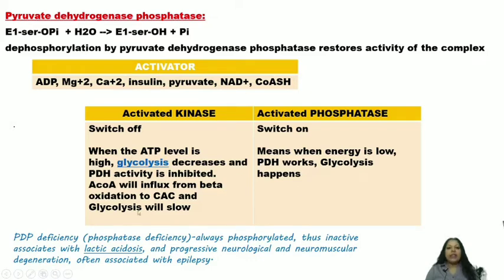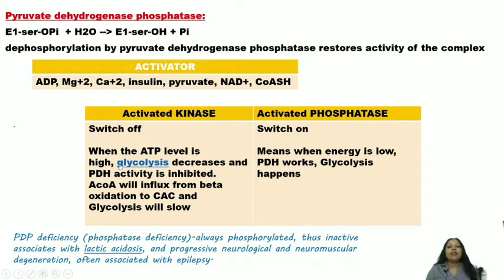So what does activated kinase say? The activated kinase says that the enzyme is switched off, because there is no need for formation of acetyl coenzyme A from pyruvate, and it happens when the ATP level is high. When you have much ATP, you need not more ATP to be synthesized.